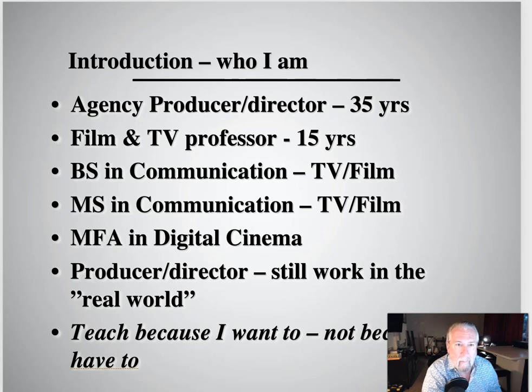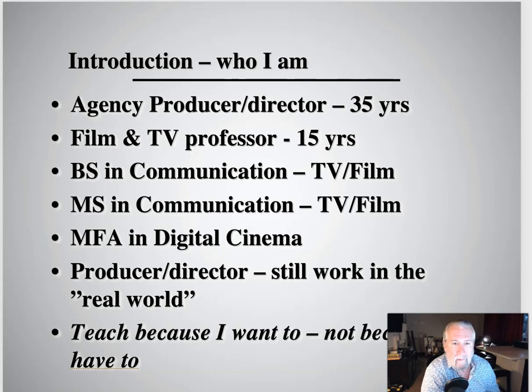That said, we don't talk a lot about me in the course, but let me give you a thumbnail on who I am. I've been in what we call agency production, so commercial production, corporate production, for 35 plus years. I've been a film and TV professor for over 15.